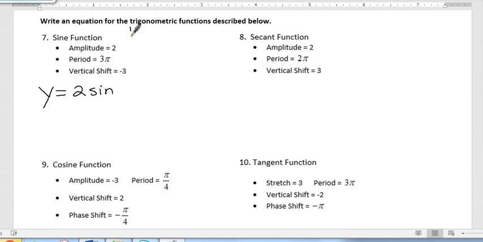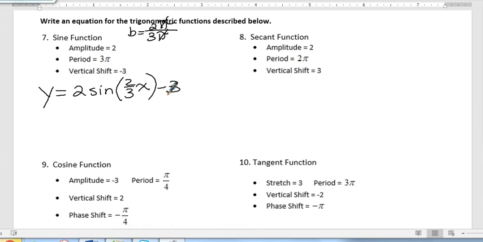To get the B value, it's the normal period over the current. Pi's will cancel, so we're going to get a B value of 2/3 x. It does not mention a phase shift, so we can close up the parentheses or not have them at all. Either is fine. Then the vertical shift of minus 3.